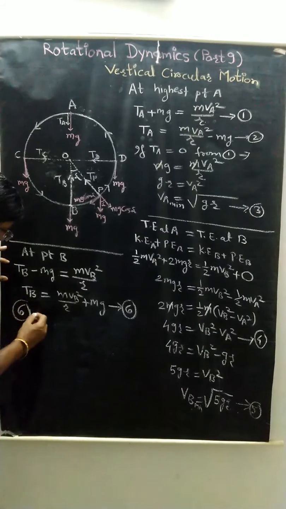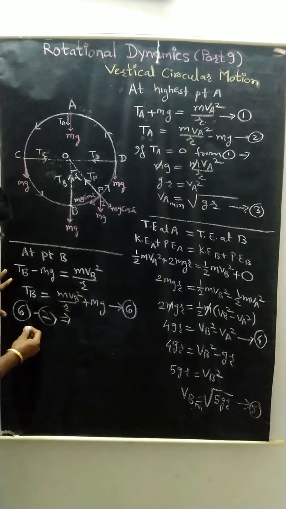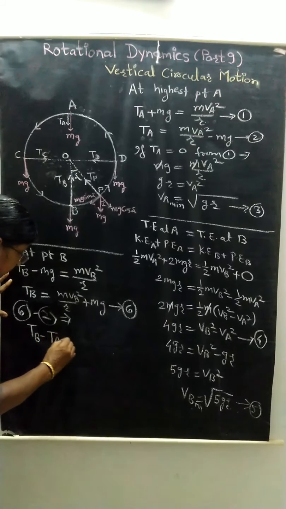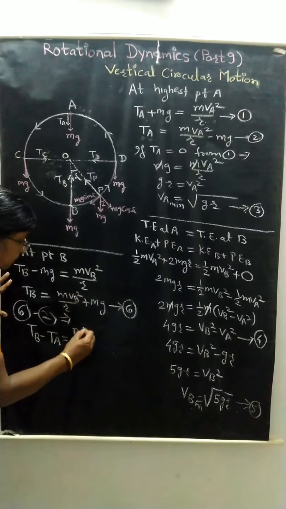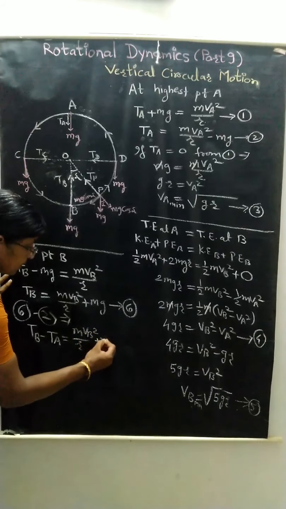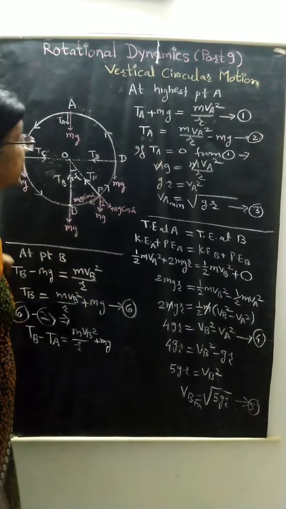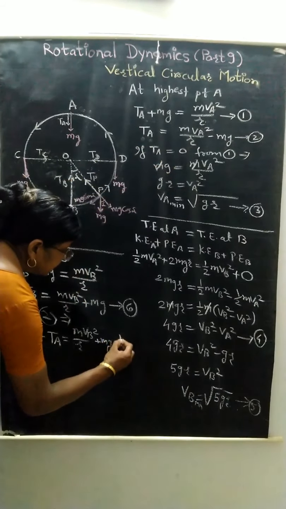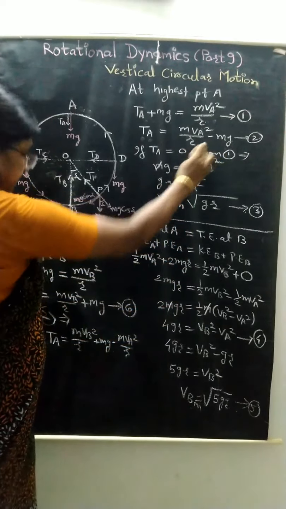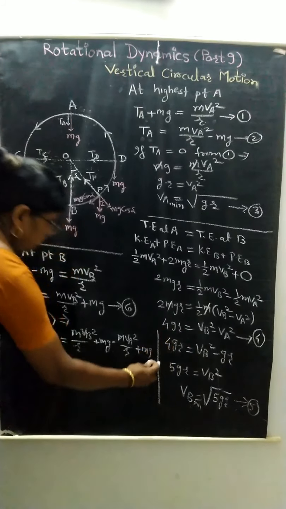So equation 6 minus equation 2 will result into Tb minus Ta is equal to Tb as it is m Vb square by r plus mg, and minus Ta means m Va square by r minus m Va square by r, and minus of minus means plus mg. So it makes 2mg.